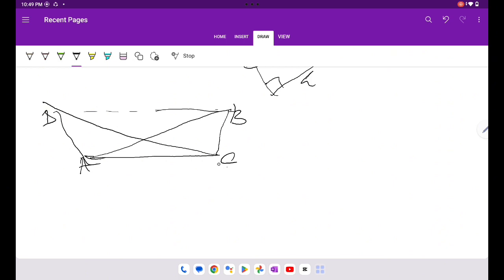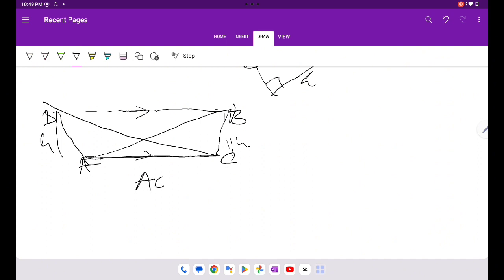Now if we look at triangle ABC and ACD, because they're under the same parallel lines, it means their heights are the same. And you can see they are also sharing a base. They have AC, both of them, as a base.